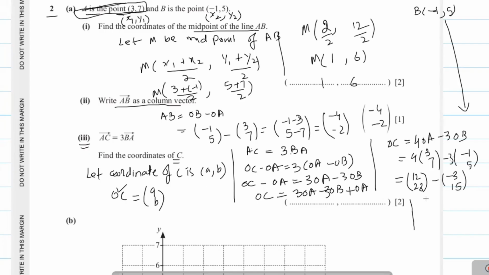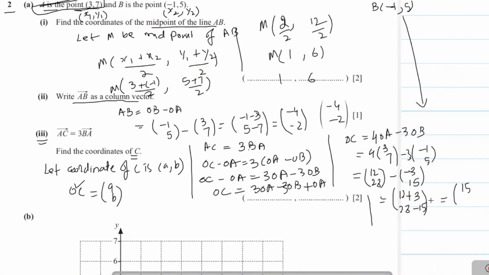We can write this as 12 plus 3, 28 minus 15, and this will be equal to 12 plus 3 is 15, 28 minus 15 is 13. Therefore, the column vector is (15, 13). The coordinate of C will be (15, 13).